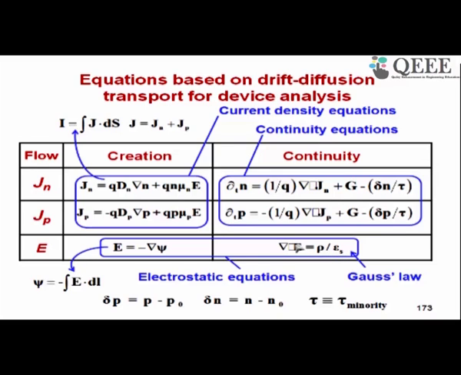Now if you can solve for these current densities, then you can calculate the current by integrating the current density over contact area. That is what is shown here, and total current is the sum of the electron current and hole current, which are given here, right? And how do you get the voltage between two terminals?